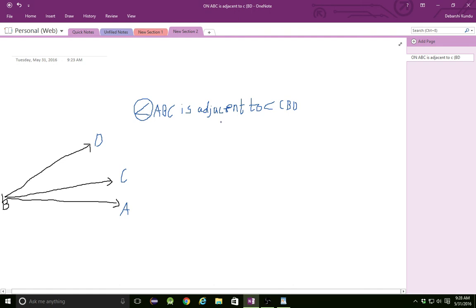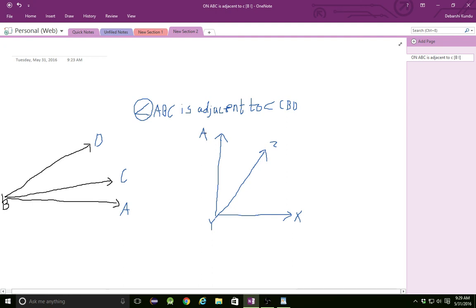Okay, so then comes essentially a very easy part. Complementary angles are two angles that add up to a right angle, or two angles that add up to 90 degrees. So a complementary angle, for example, would be x, y, z, x, y, a.